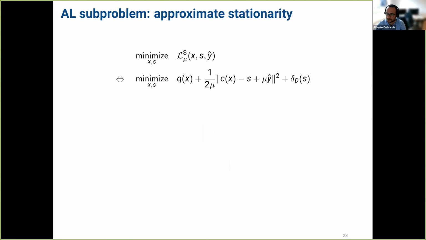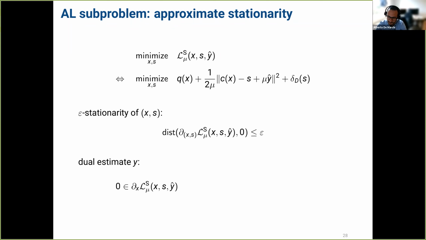Okay, and we can also look at the approximate stationarity of this subproblem. Using the definition we gave before, we just need to satisfy this condition here: the subdifferential of this augmented Lagrangian is sufficiently close to, let's say, 0. I also want to give you an idea about the dual estimate update. If we look at the differential for x, we obtain this expression from above.